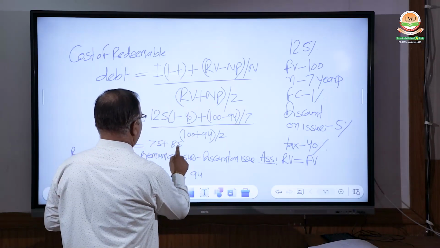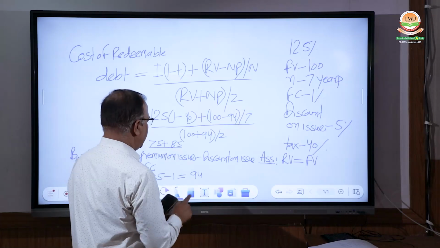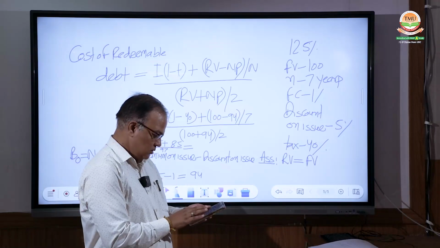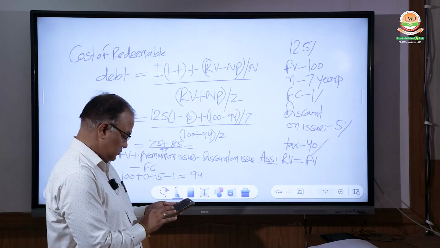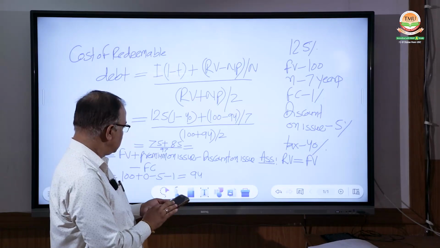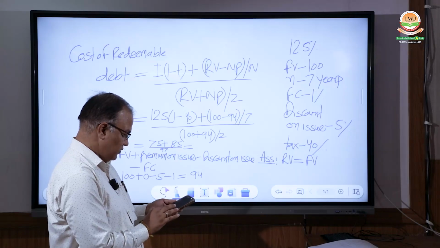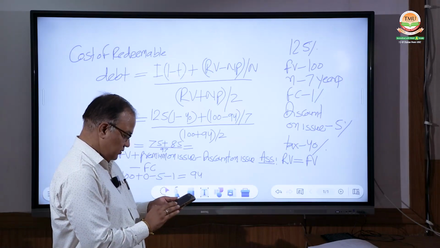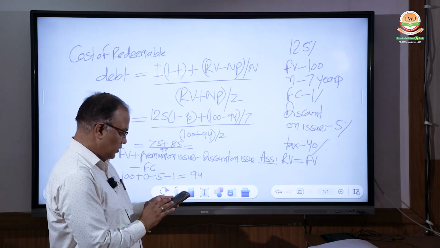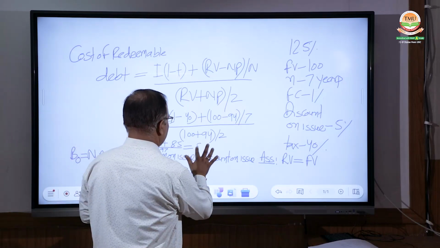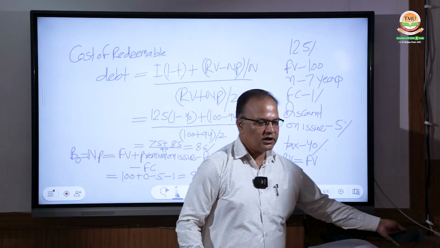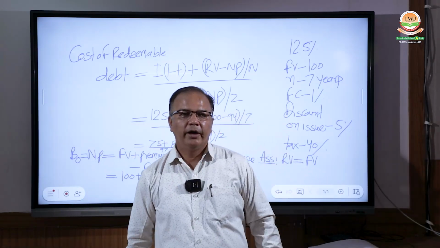So 7.5 plus 0.85 is 8.35, divided by 97 is equal to 8.6%. So this is the cost of redeemable debt.